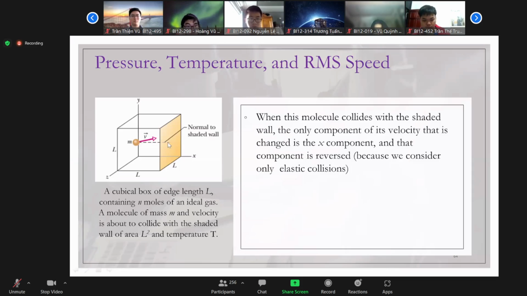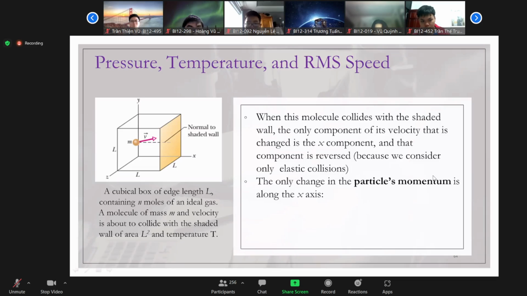what will happen? It will bounce back with the same kinetic energy. Do you agree with me? Because this is the elastic collision.